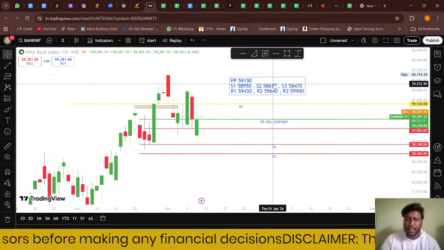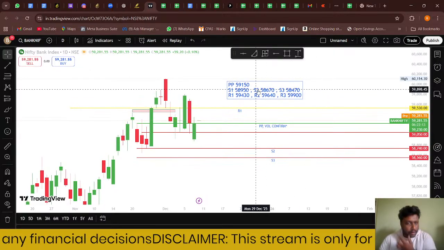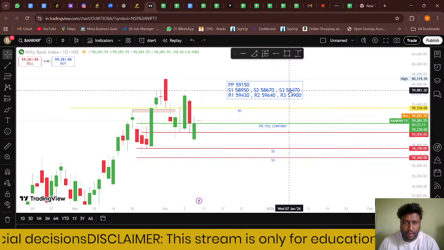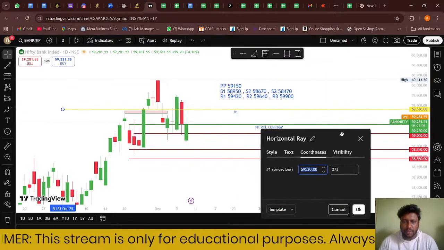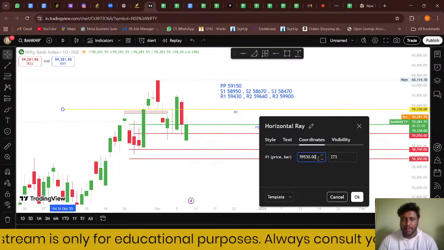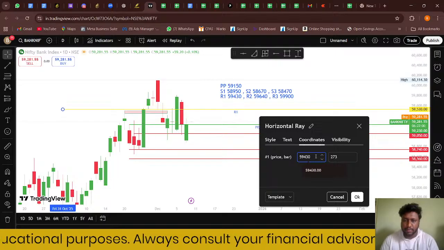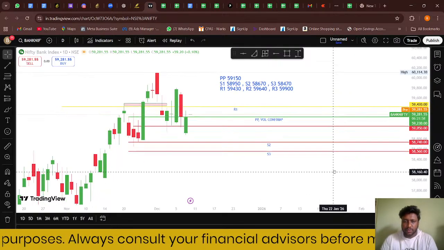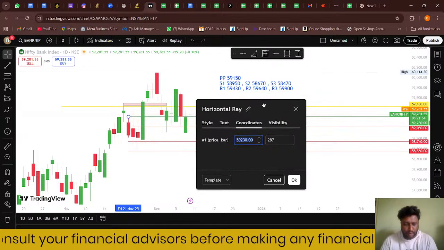Here we have the pre-market opening as well. We have already marked the support and resistance. We will mark the resistance over here, 59,430. Yesterday, last time it was 530. This is the first resistance, and with respect to the pivot line, 59,150.